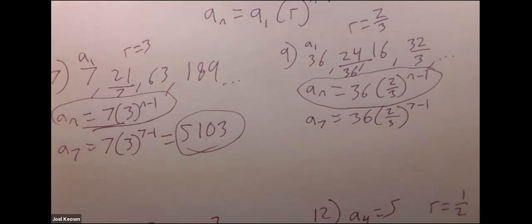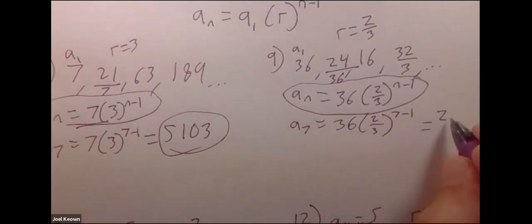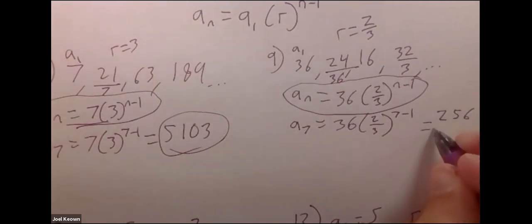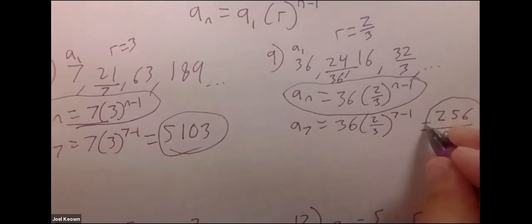So I definitely want to put this in as a fraction because I want my answer to be a fraction. 2/3. And then my exponent is going to be 7 minus 1, or I could just put 6. And I end up with 256 over 81.